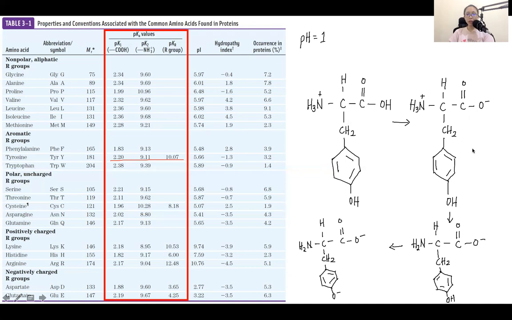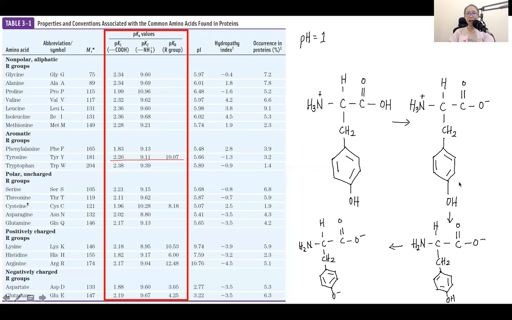So if we continue to add more base, some of this will be deprotonated at the amino functional group. So it will be converted into this. If we reach pH equal to 9.11, half of the molecules are converted into this structure and the other half are still like this.